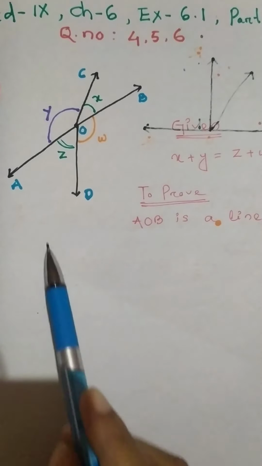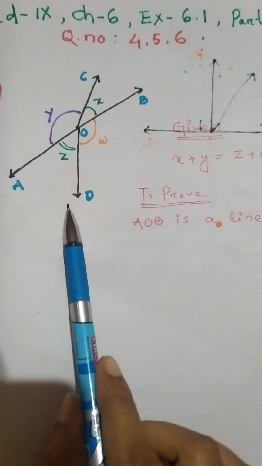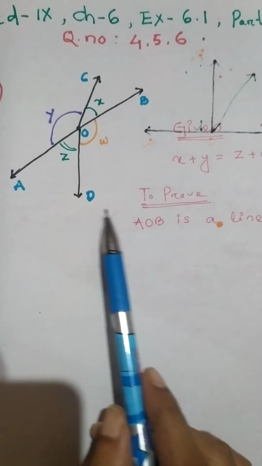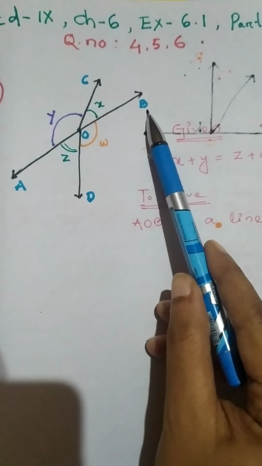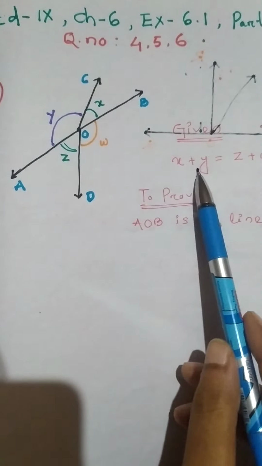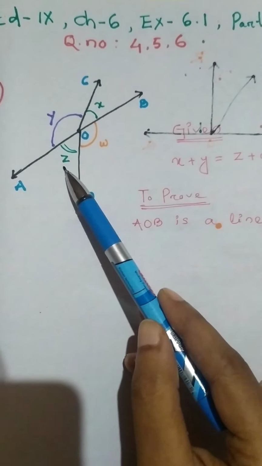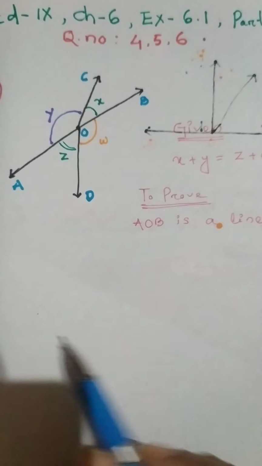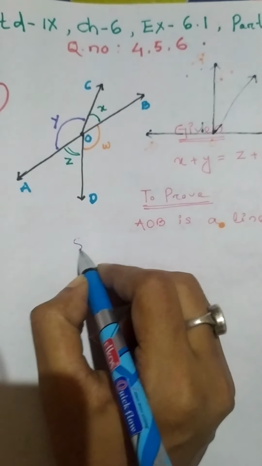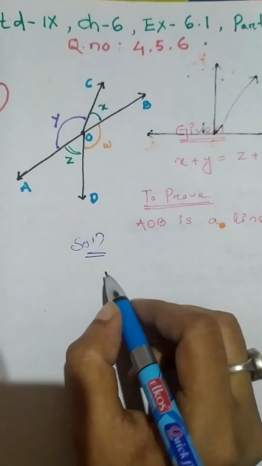In question number 4 it is given that in this given figure we need to prove AOB is a line, whereas the given is x plus y is equals to w plus z. So let's start.